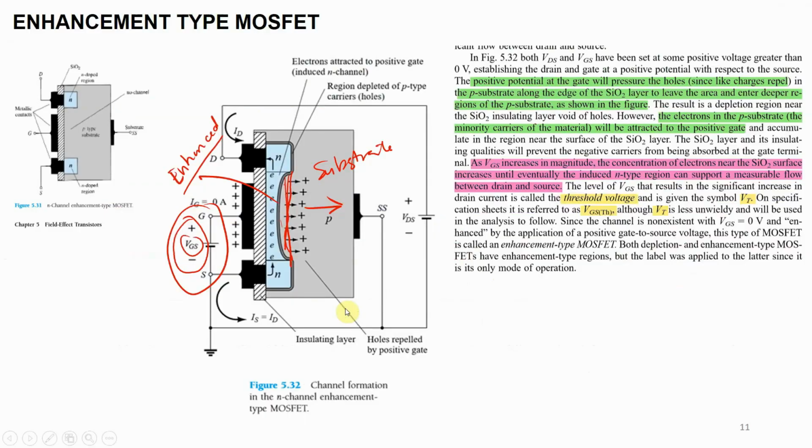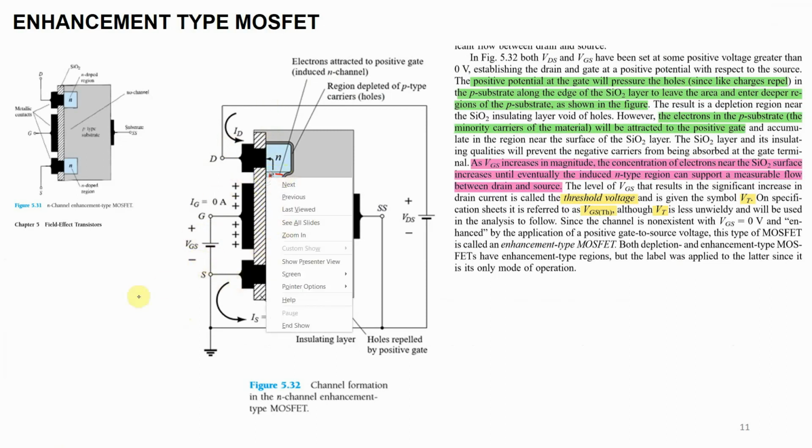So now, as I increase it, let's say we started from 0. I have a very small voltage here. So it will just push this one, and your layer here will be very, very small. Right? It's not sufficient to conduct a current. If I increase it, it will become wider and wider, and then it will have more current carrying capacity.